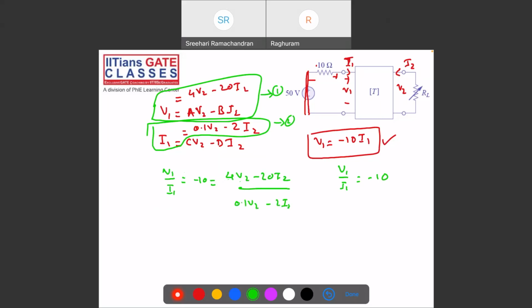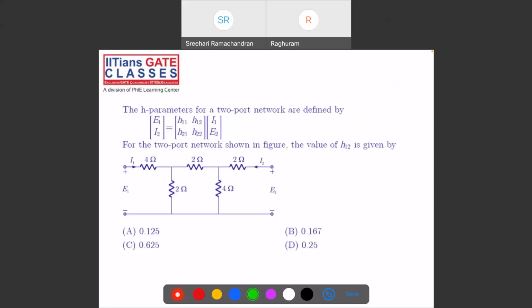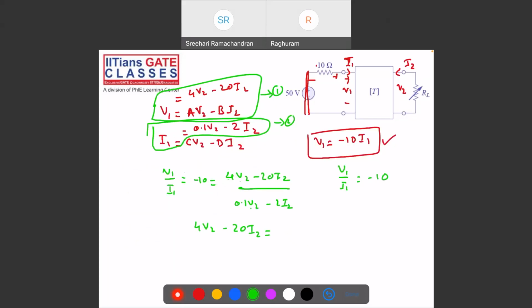So you get 4 V2 minus 20 I2 is equal to 0.1 into minus 10, that is minus V2 plus 20 I2. So 4 V2 plus V2 is 5 V2, 20 plus 20 is 40 I2.